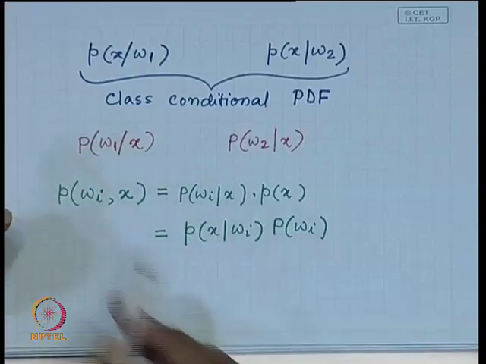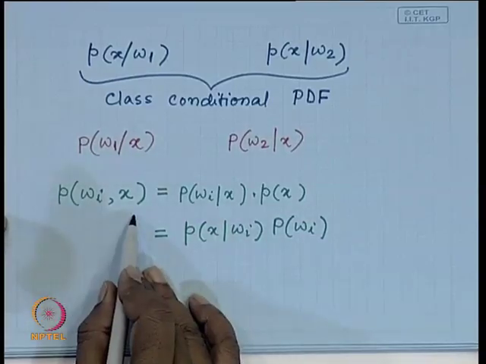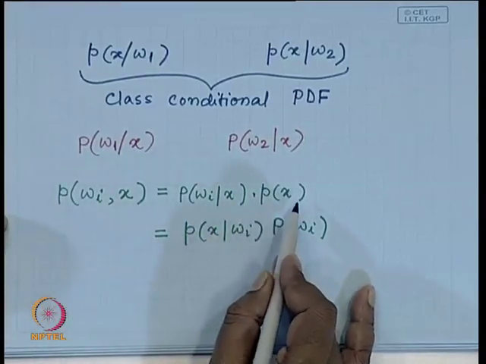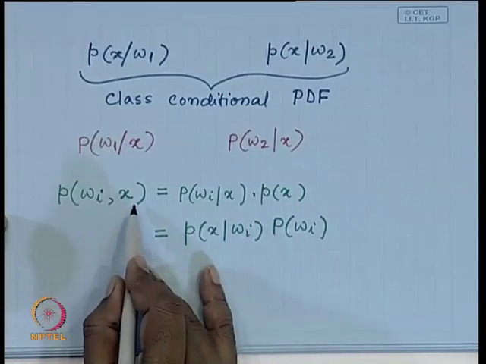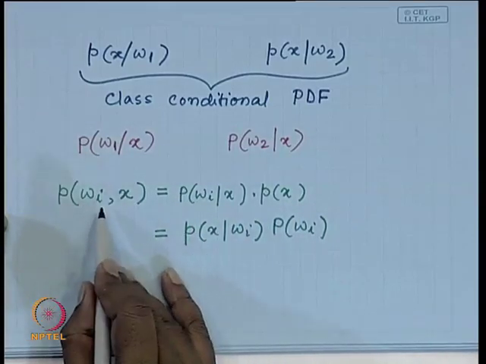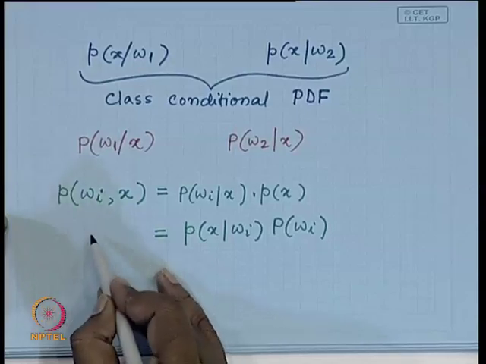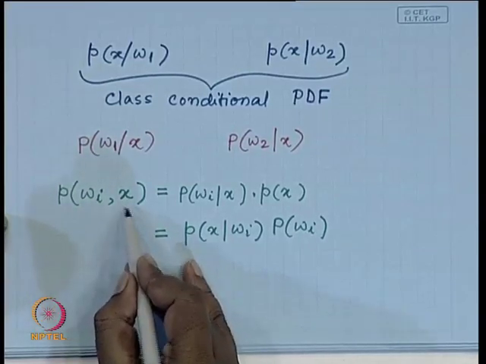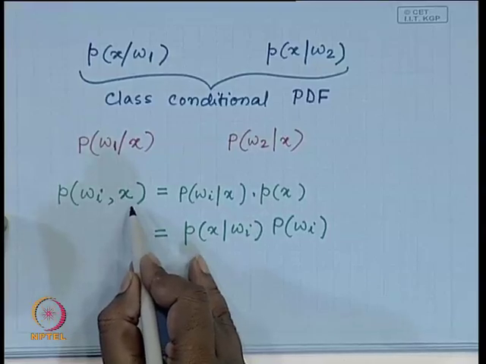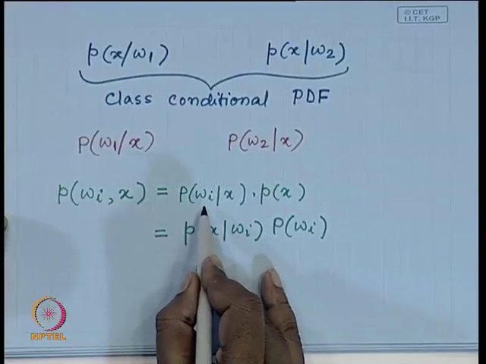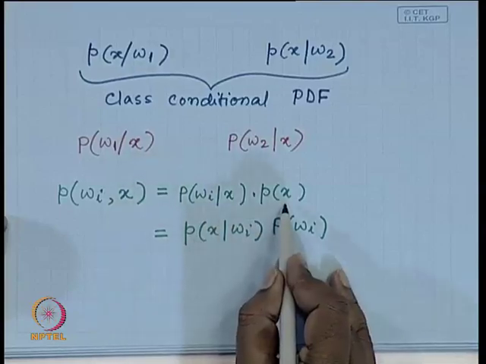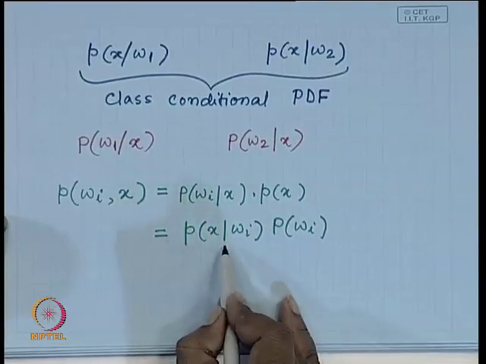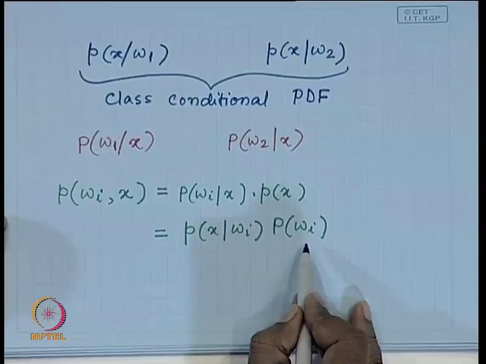So, this joint probability can be written in terms of conditional probability. p of omega i, x, that is the joint probability that an object is taken from class omega i and at the same time has a feature x, is nothing but p of omega i given x, that is the conditional probability, into p of x, and which is nothing but p of x given omega i into p of omega i.